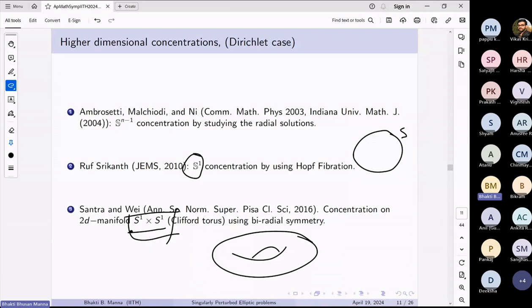Directly proving higher-dimensional concentration is very difficult unless we have some symmetry. So our domain is symmetric, and the corresponding function is also symmetric, and in that setup only can we talk about this kind of concentration phenomenon. Why I am talking about symmetry will become clear.